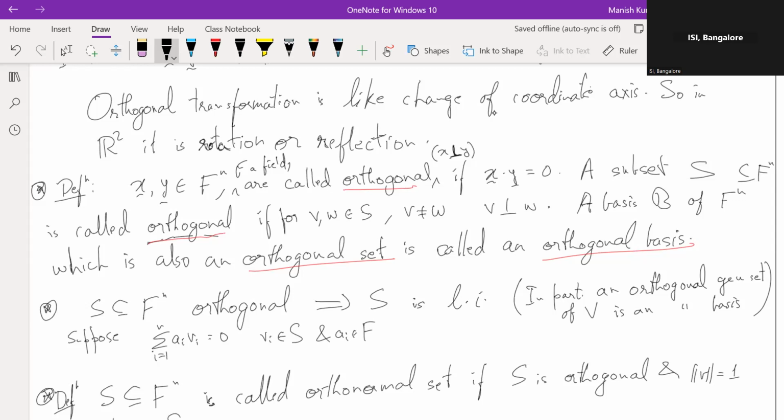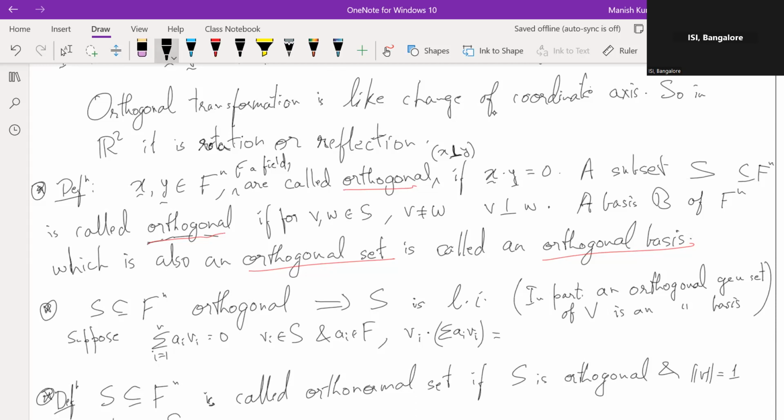So you take a dot product with each of these vi, that is, vi dot summation ai vi. This dot product of course behaves linearly in the second variable.